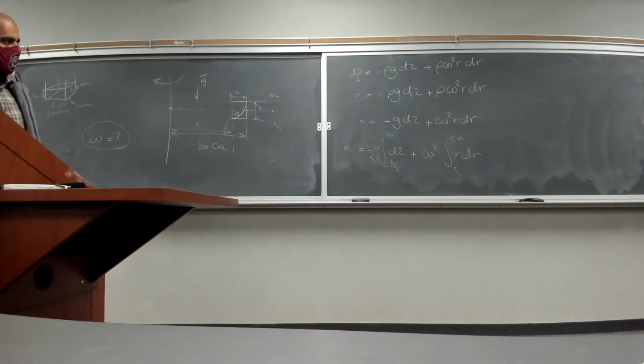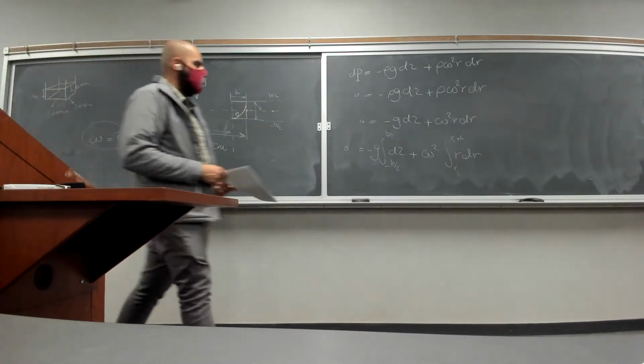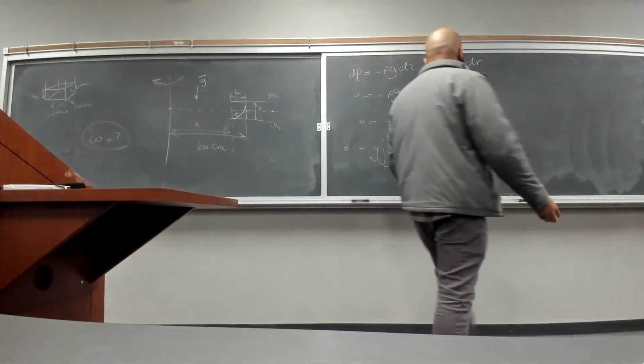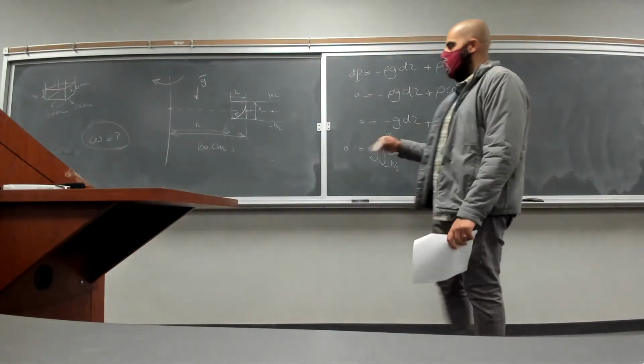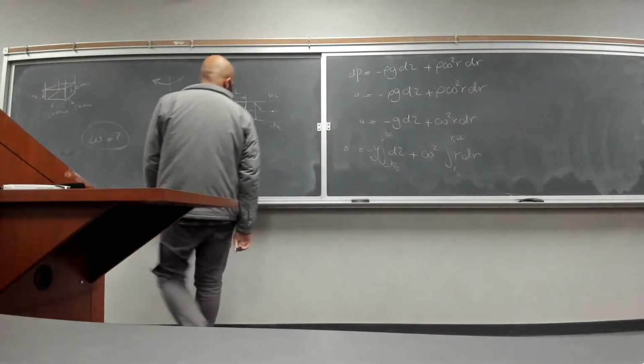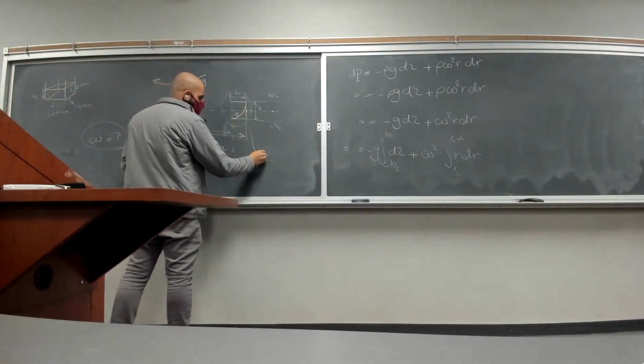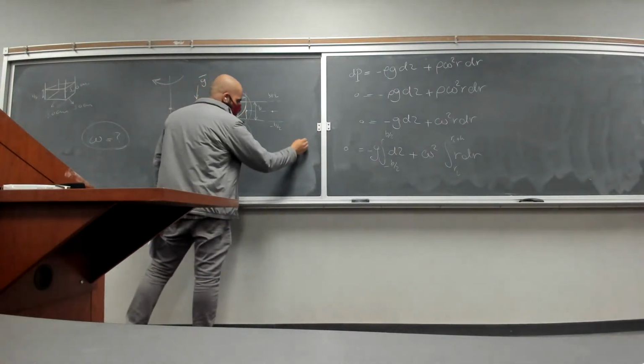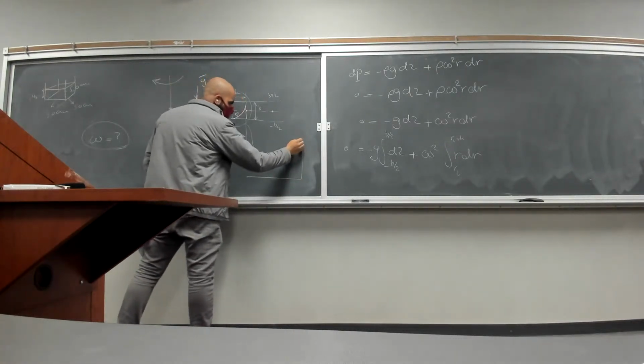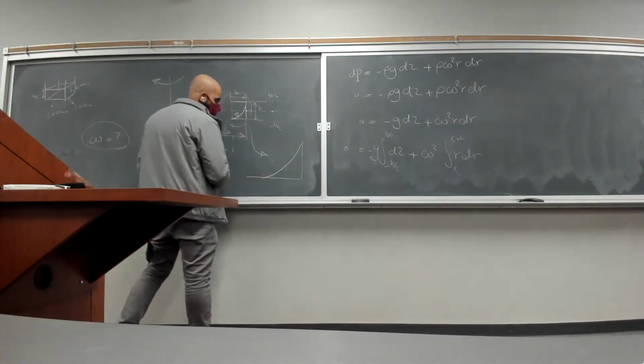If you take this integral, you are essentially going to prove that everything is equal to 0. You're not going to find anything. That's why you have to go a little deeper. Let's magnify this part. Let's say this is the surface of the water.